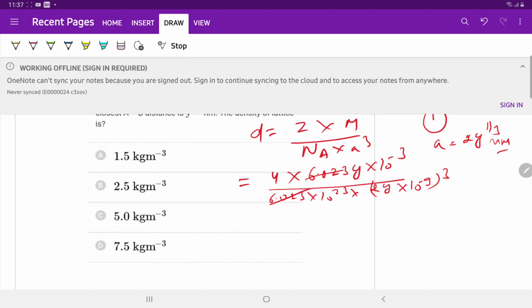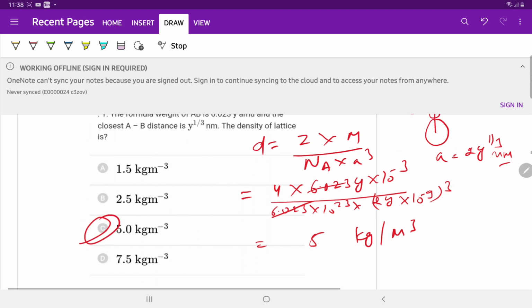On solving this expression, we will get 5 kg per meter cube. So option C is correct.